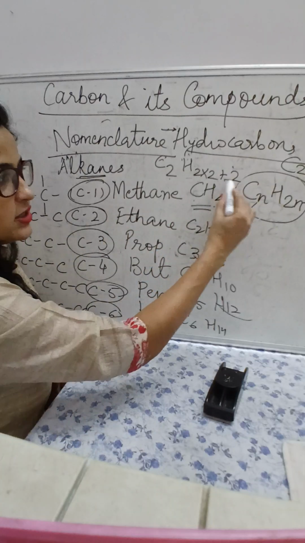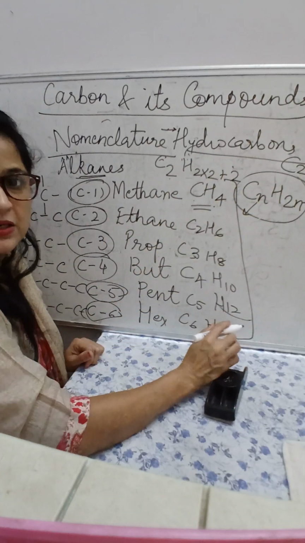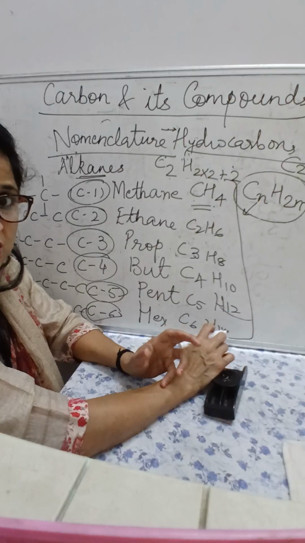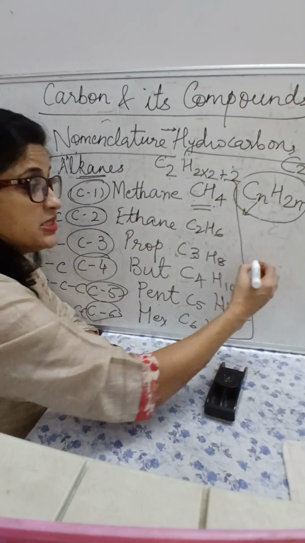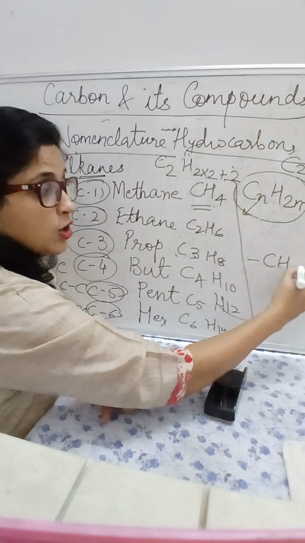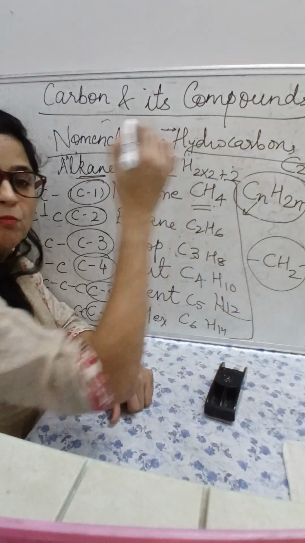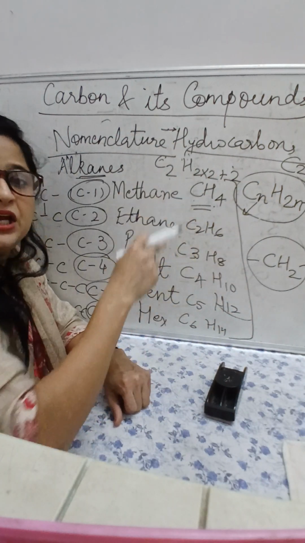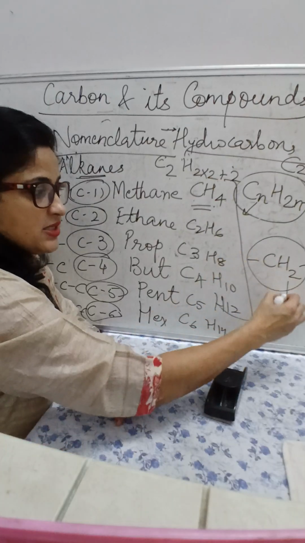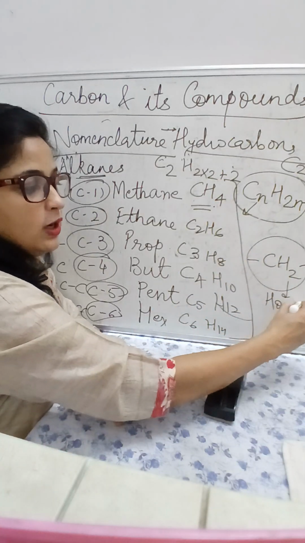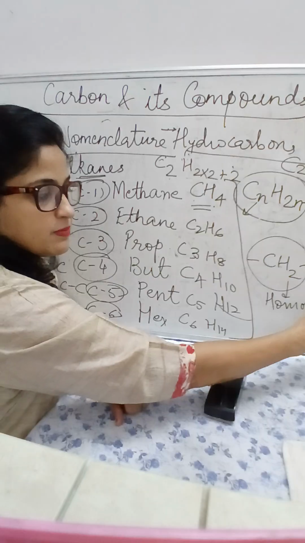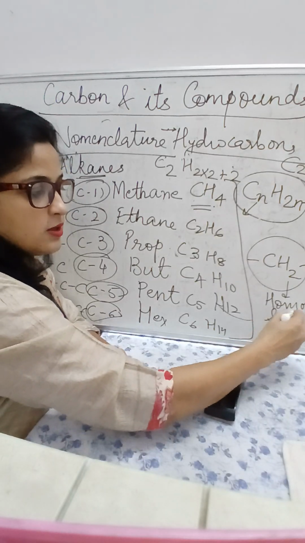So you can notice that all these hydrocarbons have similar structures, similar chemical properties, and they differ by a group called the CH2 group. This is called the homologous series.